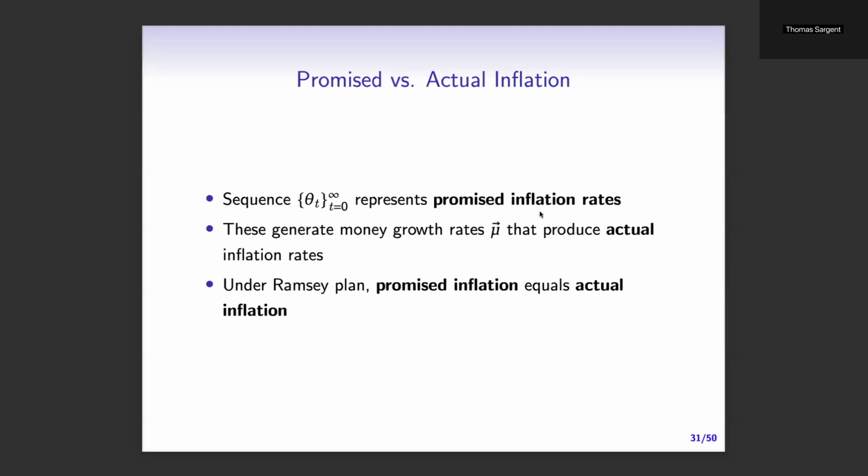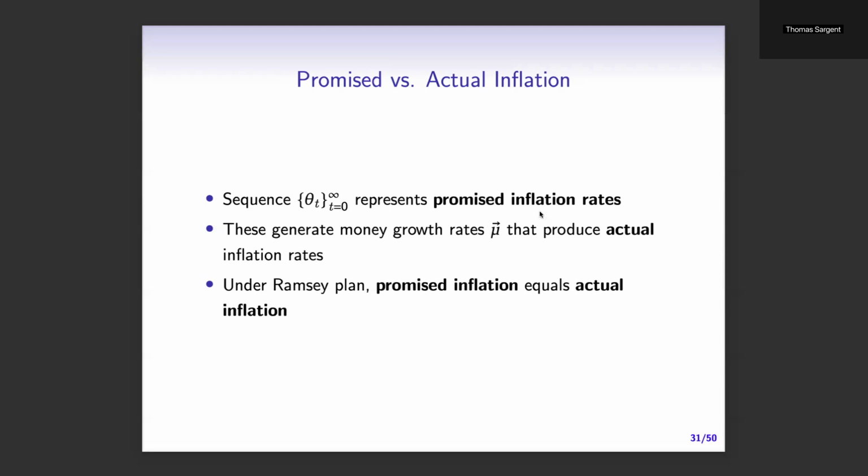What do we mean by that? The continuation Ramsey planner is stuck with a theta t. He hands a theta t plus 1 to his successor. And that's a promised inflation rate that the continuation Ramsey planner promises for the future, and the successor continuation Ramsey planner is obligated to honor that promise.